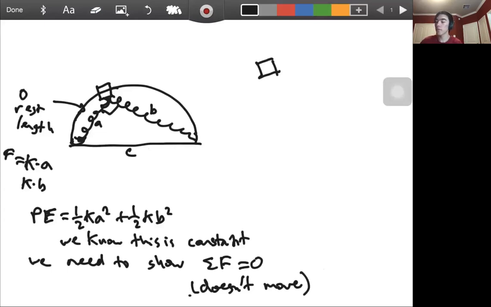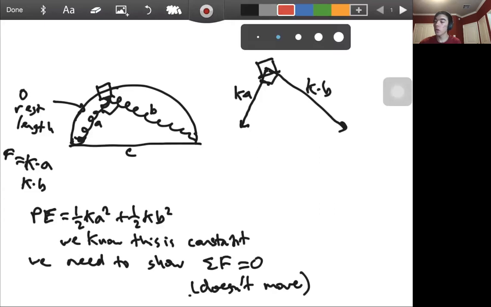So if you have the object, we have one force from the left spring with a length K times A, and we have another force from the right spring with a length K times B. So we just have these two forces can't cancel out, but we realize that the object can't actually leave the semicircle. So its only possible motions are in these two golden arrow directions.